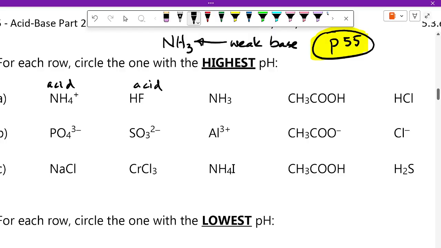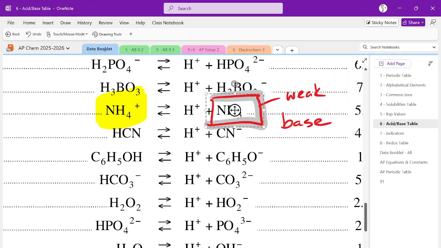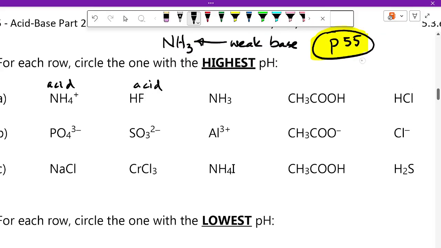In fact, if we go back to our data booklet, it is the conjugate weak base of NH4+. Yes? All right, so ammonia is a weak base. Ammonium is a weak acid. Try and stick that one in your head so it just stays there, because it's nice to have in your head rather than having to look it up all the time. Okay, so this is a base.